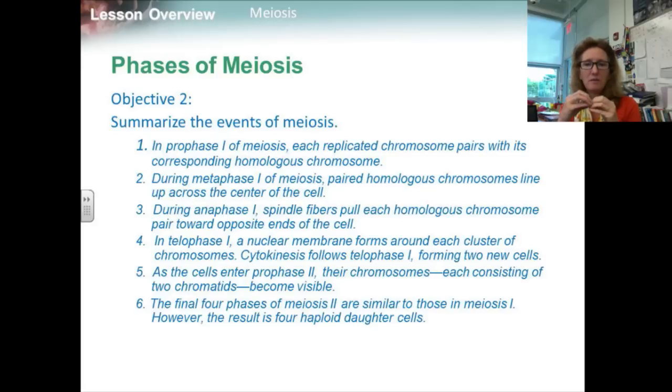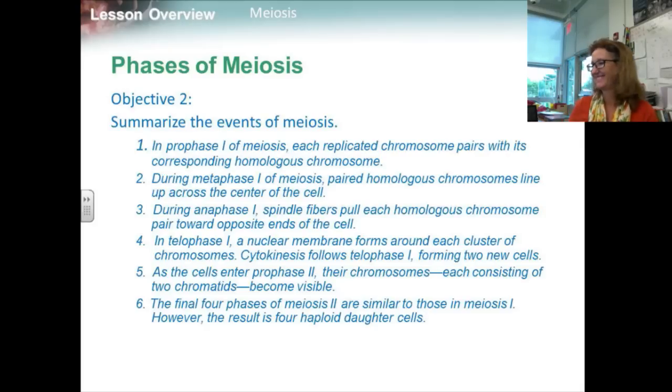Cytokinesis follows telophase I, forming those two cells. All right? And as the cells enter prophase II, their chromosomes, each consisting of 2 chromatids, become visible, and the final 4 phases of meiosis II are very similar to those of meiosis I. However, the result is 4 haploid daughter cells. So from one cell, you get 4.